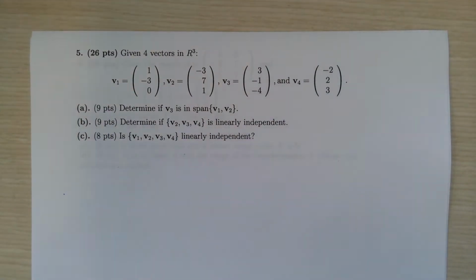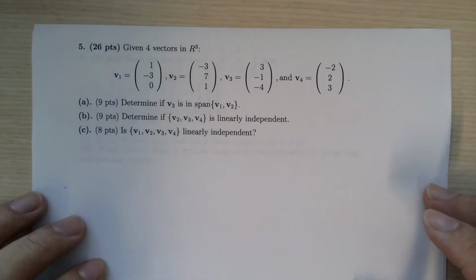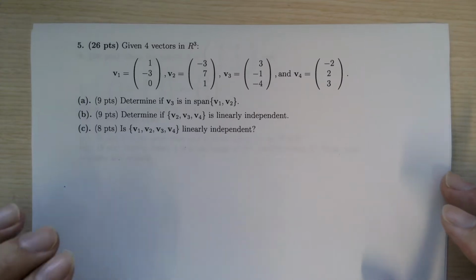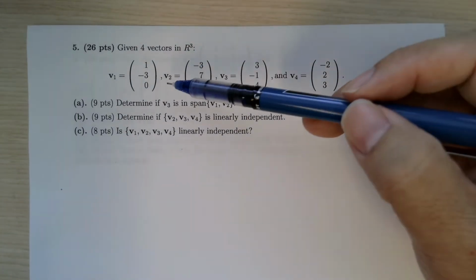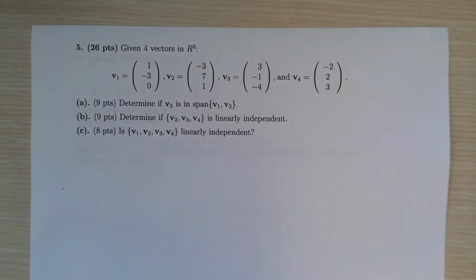Now, next question. So given all of this, determine: v1 is -1, -3, 0. v2 is -3, 7, 1. v3 is 3, -1, -4, and v4 is -2, 2, and 3.